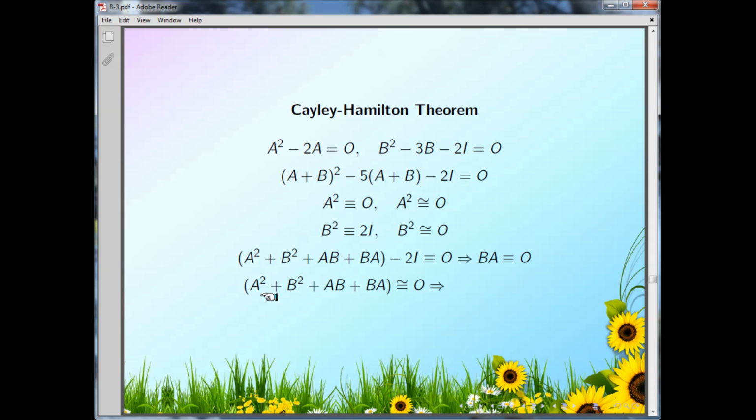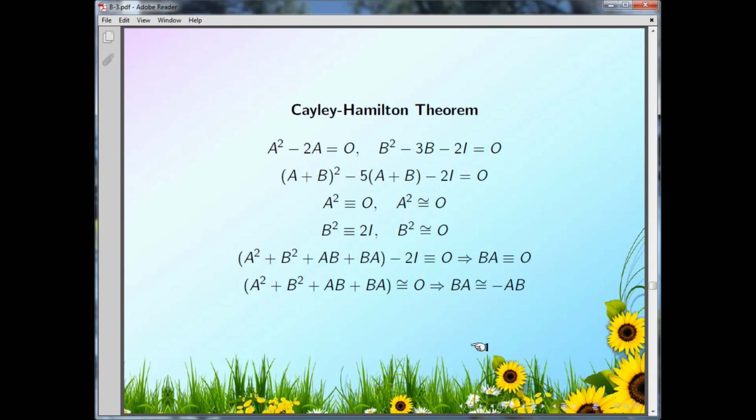AB is there. A squared, AB component is none. B squared, there's no AB component. So it leaves only A plus A times B plus B times A having a 0 AB component. So if you subtract both sides, you end up at BA. It actually has negative AB as its component part.